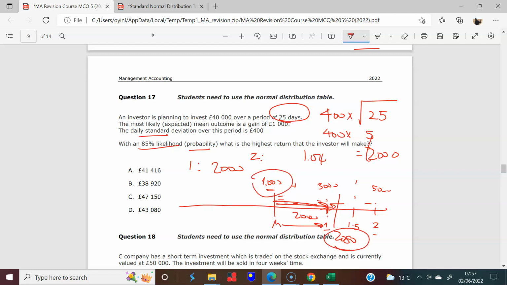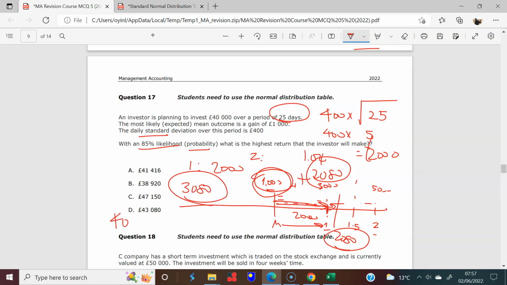So I was expecting a gain of 1,000. It says that with an 85% probability, we're looking at an upward deviation of 2,080 on the 1,000, which takes us to 1,000 plus 2,080, which is 3,080. So if the question is asking, what is the highest return?